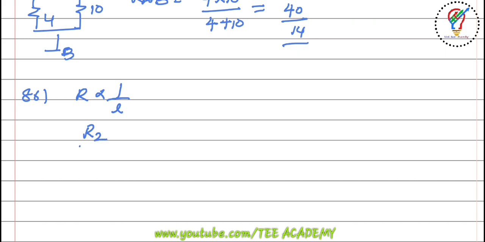So R2 by R1 is equal to L1 by L2. Let me correct that here. Now R2 is equal to R1 into L1 by L2.